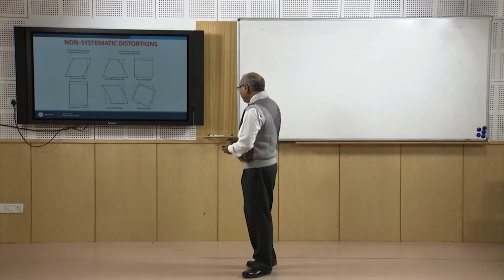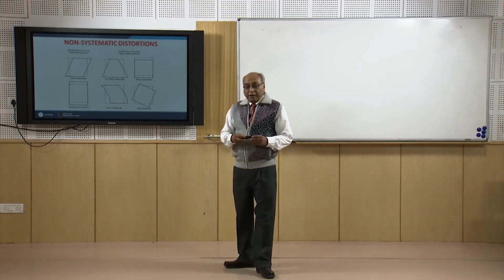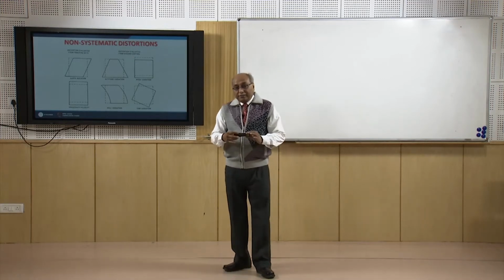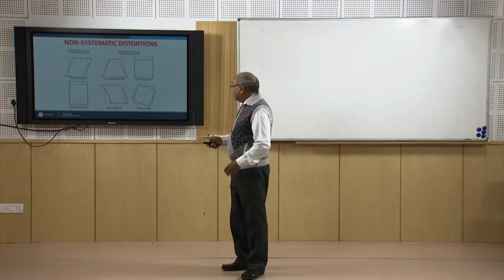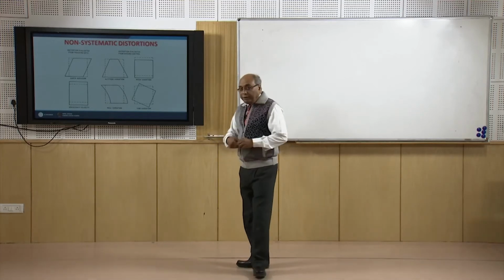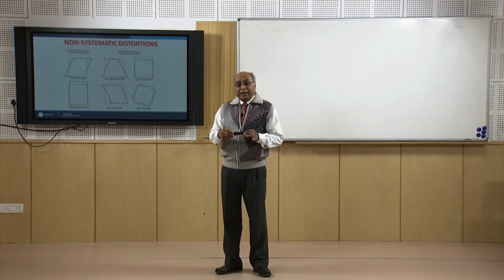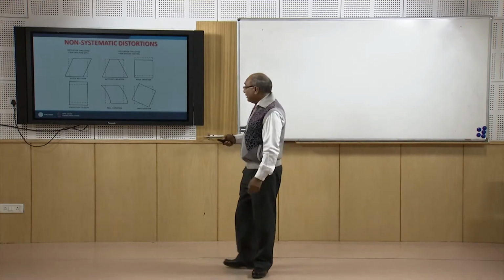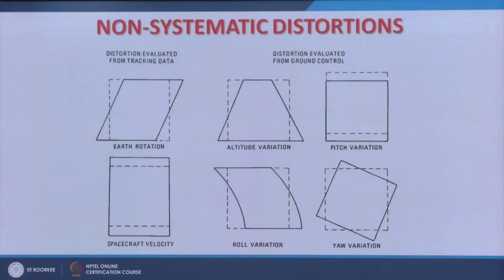Roll, that means your platform has rolled over like this kind of movement, so that will create a rollover, or yaw means it has moved something like this in space while moving or while scanning or acquiring the satellite image. So these kinds of errors might be inbuilt in the data.